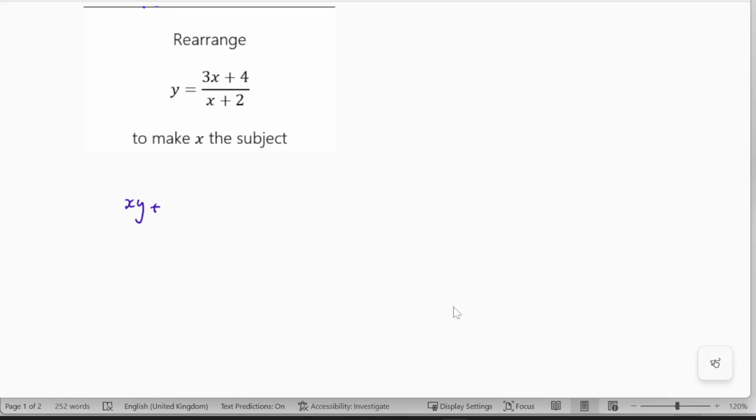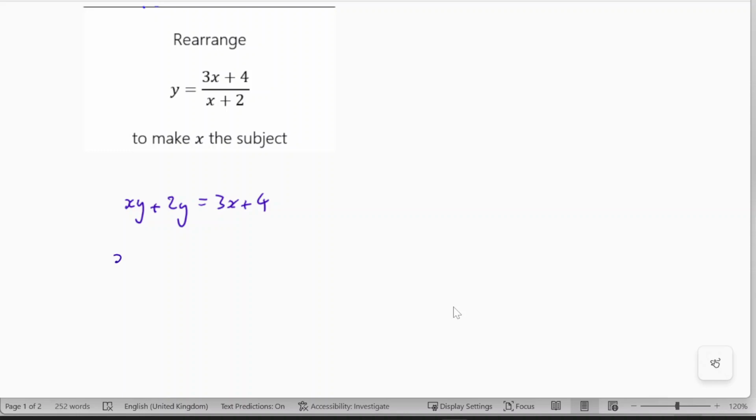xy plus 2y is going to be equal to 3x plus 4. I'm then going to take all of my x's to one side, all of my y's to the other. It doesn't really matter which way. I aim to keep as few negatives as I can, but I'm going to end up with 2 either way. I'm going to take them this way.